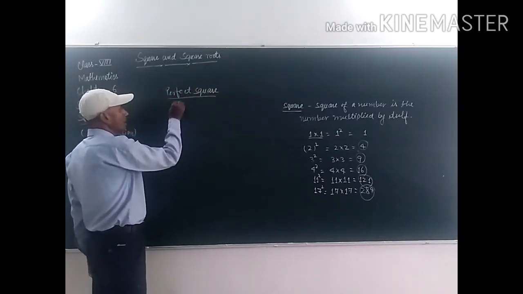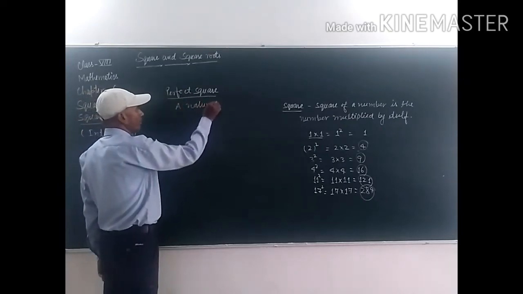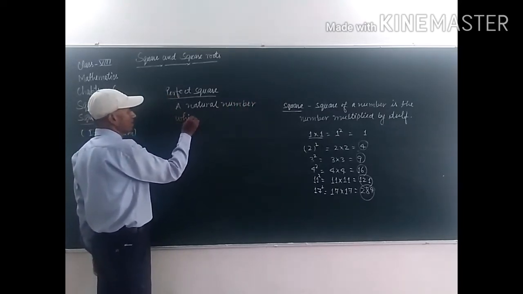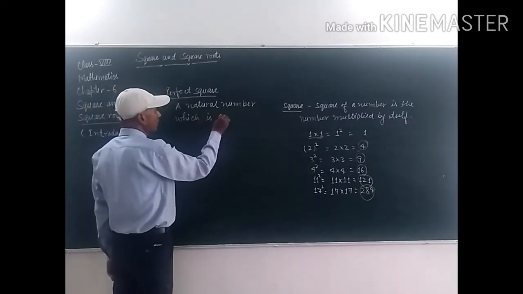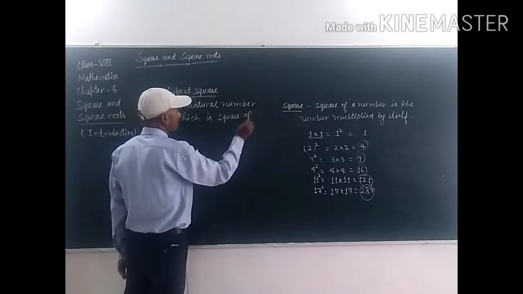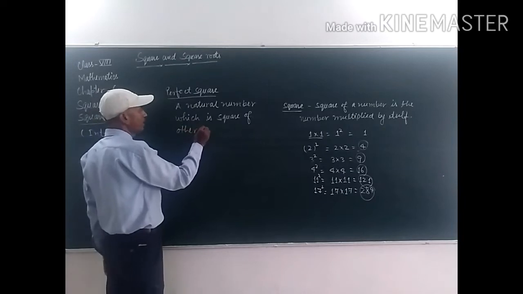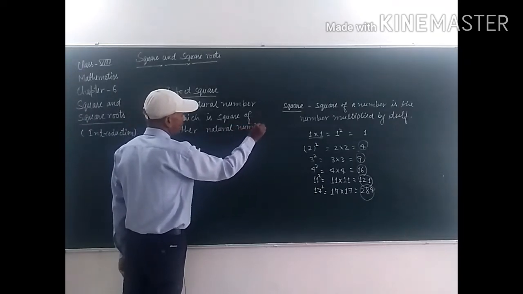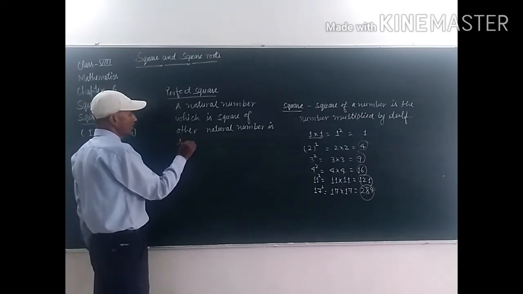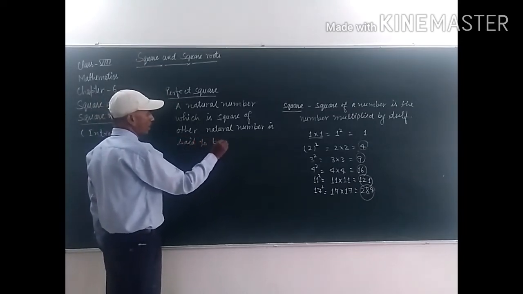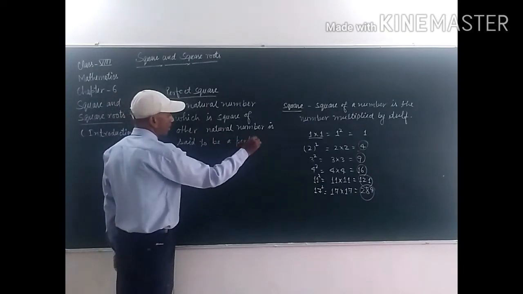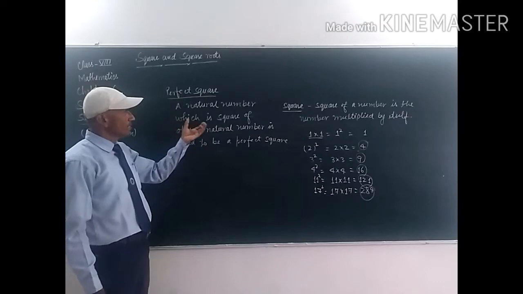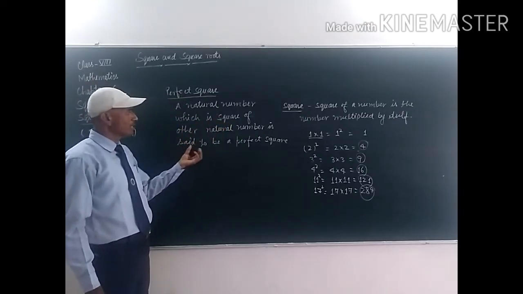Perfect squares are natural numbers which are squares of other natural numbers. Clear, students? A natural number which is the square of another natural number is said to be a perfect square.